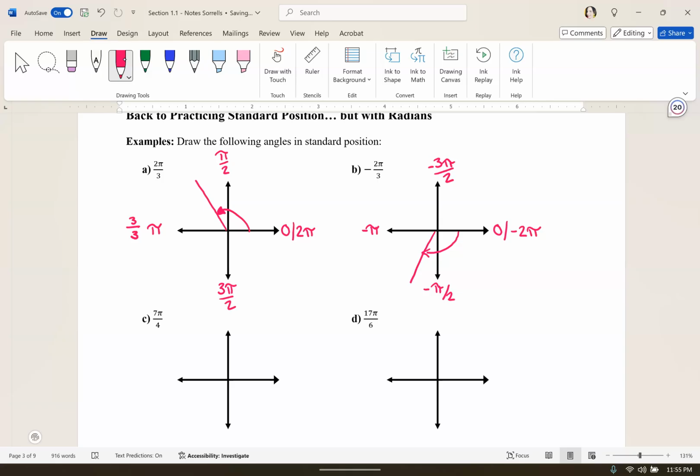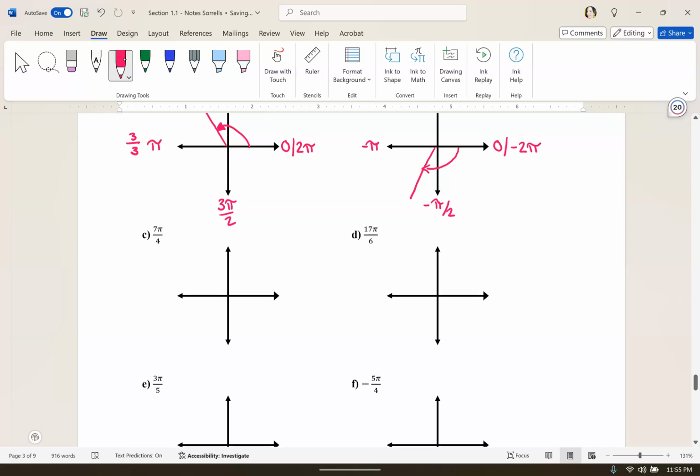Let's do one more. I think I want to go to D, because D is a little bit harder, because I want you to notice the denominator. The denominator is a 6. So if you remember when I did 0, pi over 2, pi, and I did 3 pi over 2, and then I had 2 pi.